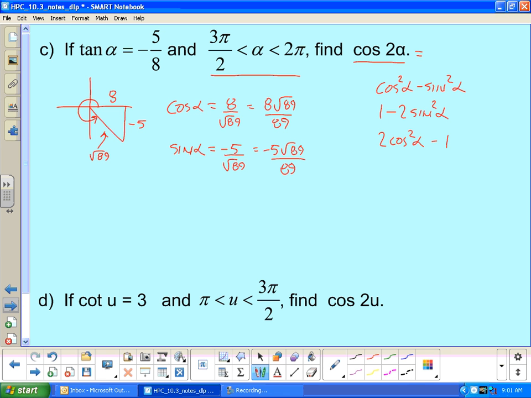All right, let's just go ahead and do our cosine squared alpha minus sine squared alpha option.